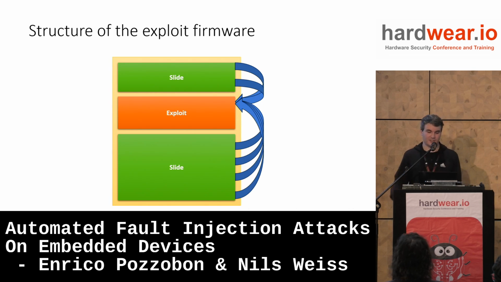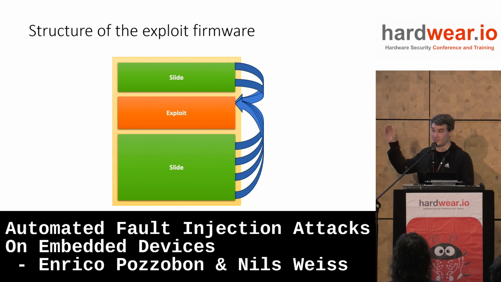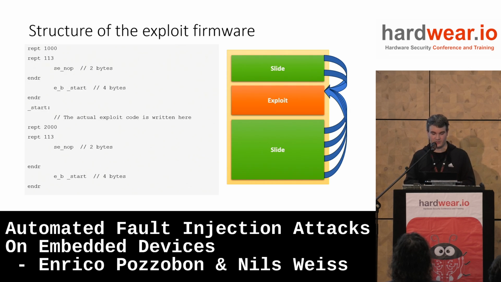So the structure of our exploit firmware obviously needs to look something like this. Most of the area of the flash will be just jumps to our exploit payload. In reality, it's not just jumps. There are NOPs interleaved, and there is a reason for that.